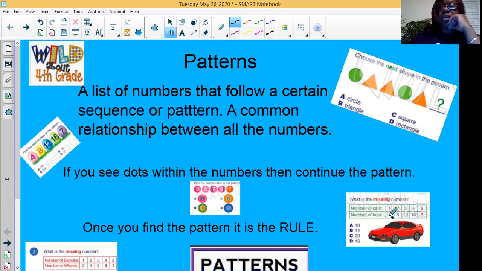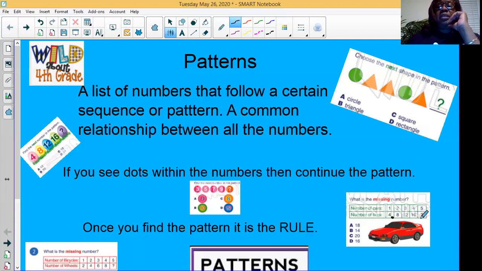One car had 4 tires, 2 cars doubled that, so that's 4 more. Then 3 cars had 12, which is 4 more than the 2 cars. 16 is 4 more than 12, so each time it increases by plus 4. So 5 cars would be, what is 16 plus 4? You're exactly right. 16 plus 4 is 20. So 5 cars would have 20 tires.